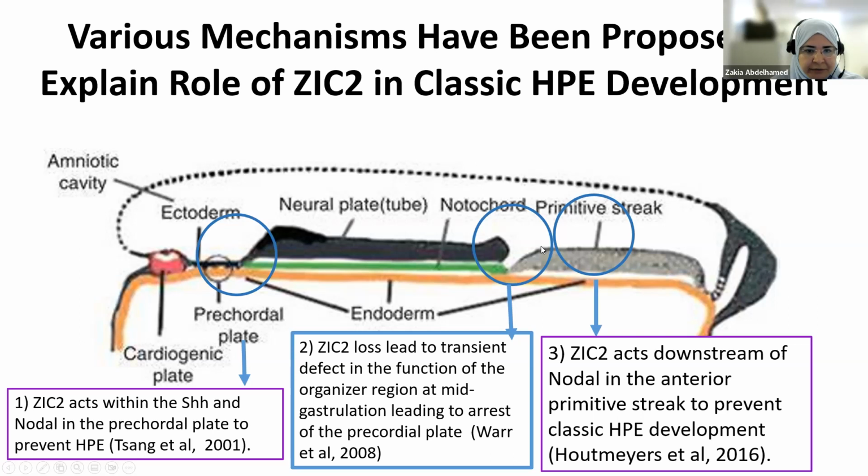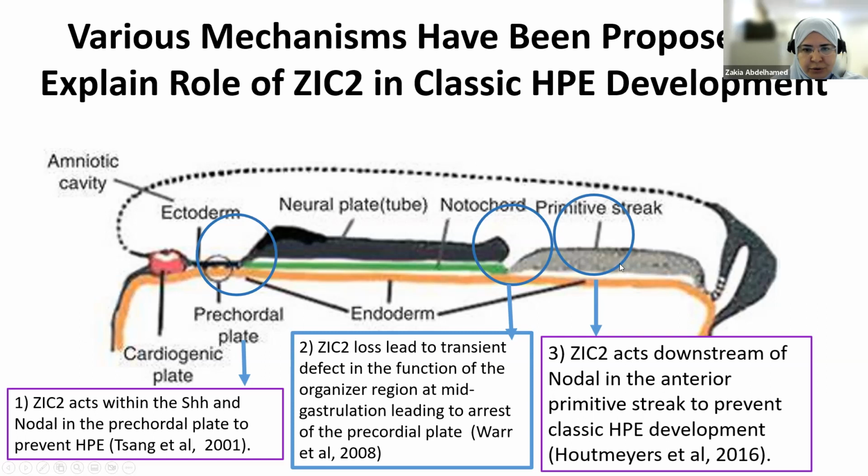It is in the primitive streak, in the primitive node or primitive pit, where in ZIC2 mutants they found a transient defect in the primitive node that leads to arrest of the prechordal plate, and this leads to the holoprosencephaly phenotype.